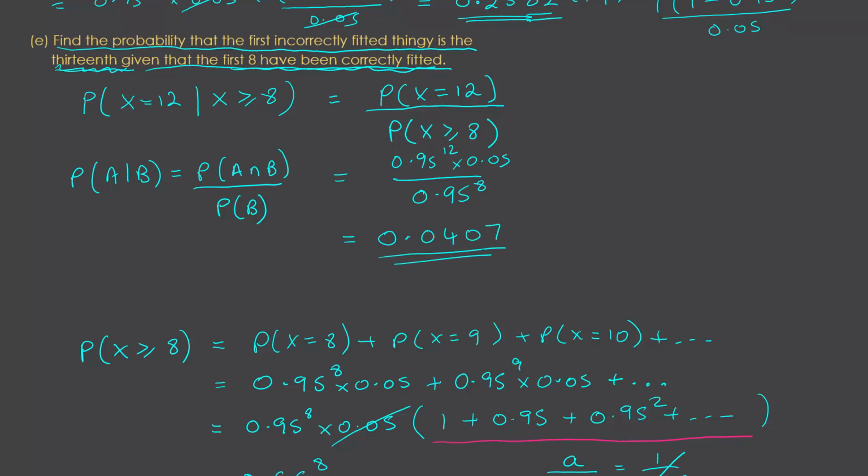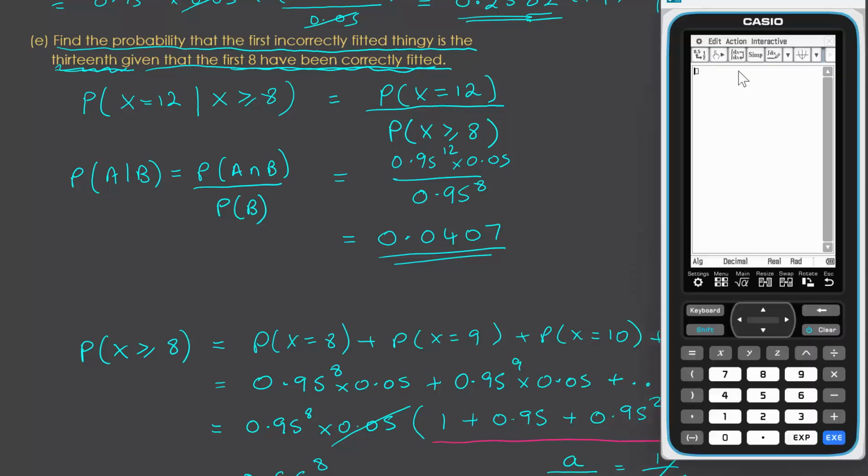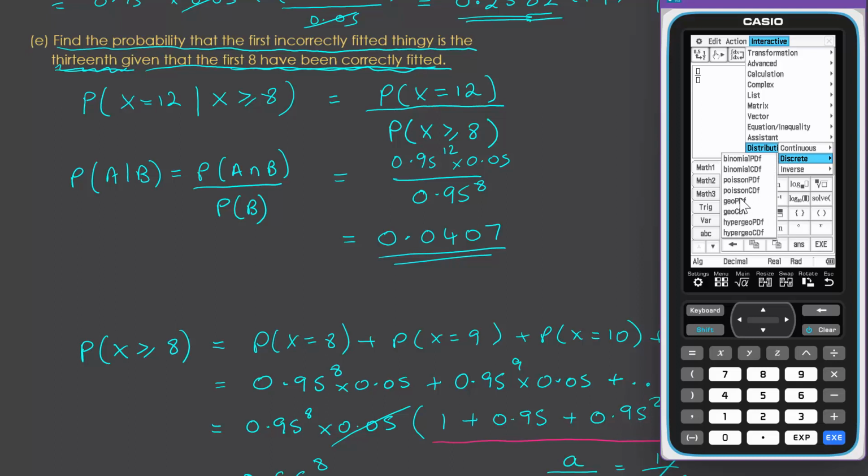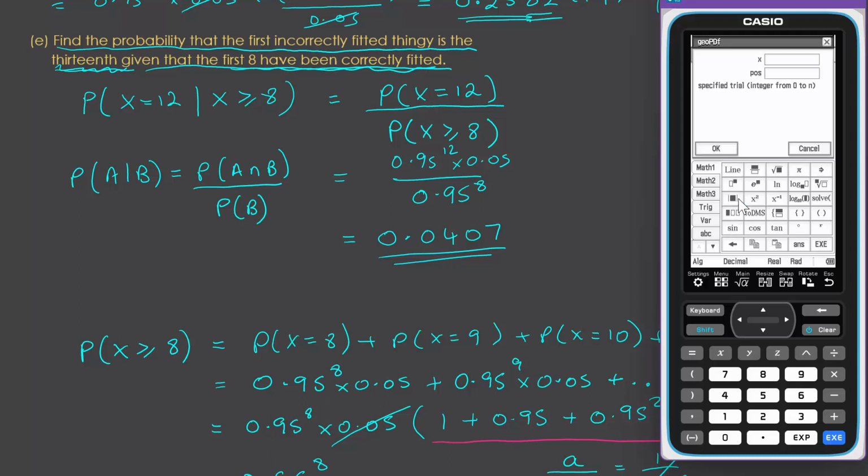If we calculate that, it's 0.0407. So what could we do on the ClassPad? Well, first thing, let's give ourselves a fraction template. And then the top is going to be a GeoPDF, just a single value.